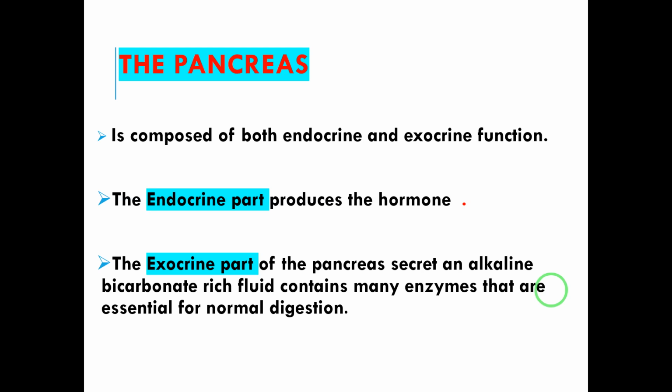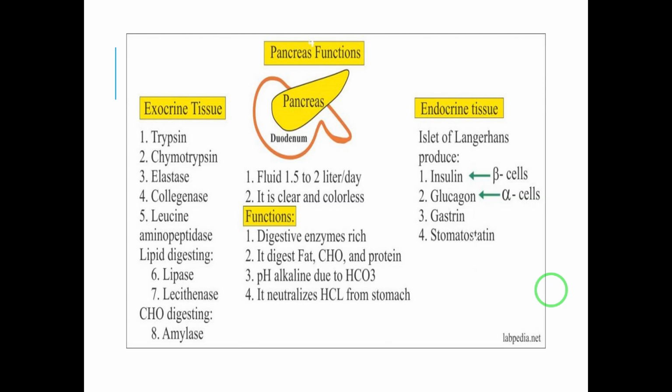The pancreatic fluid usually passes from the pancreas through the pancreatic duct to the common bile duct, and then it passes to the duodenum. Because the pancreatic fluid contains bicarbonate, it is alkaline, and its pH reaches about 8.3.